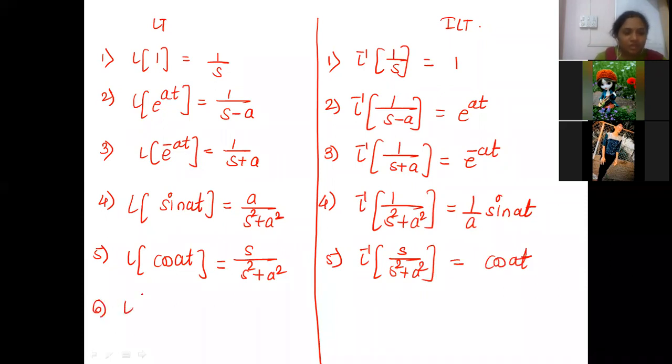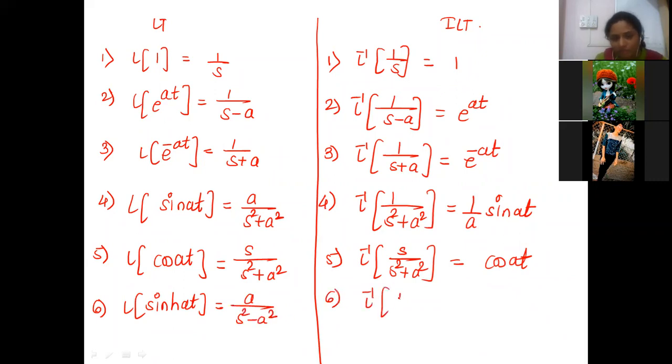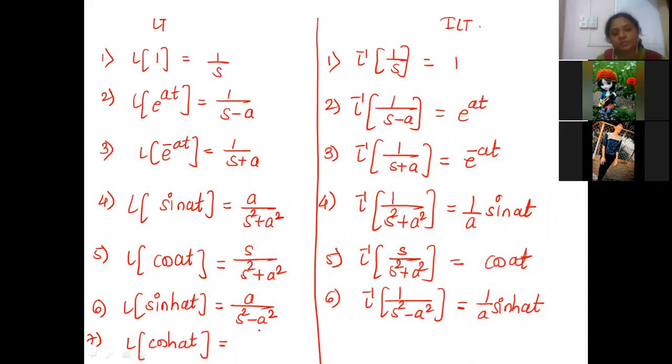Next formula, Laplace of sine hyperbolic at is a upon s square minus a square. So here the next formula is Laplace inverse of 1 upon s square minus a square, which is 1 upon a sine hyperbolic at. Next, Laplace of cos hyperbolic at is s upon s square minus a square.